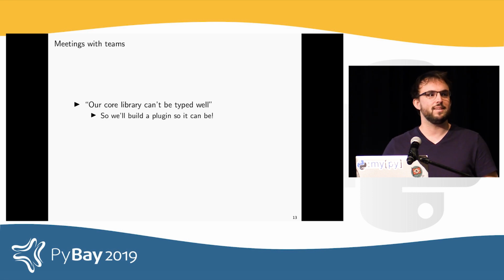But mypy has a plugin system. So we can build plugins so that your core library that can't be typed well can be, because we can look at information that the type system doesn't understand and do some logic and produce something good. We've done that a few times, including for the database layer I was complaining about.